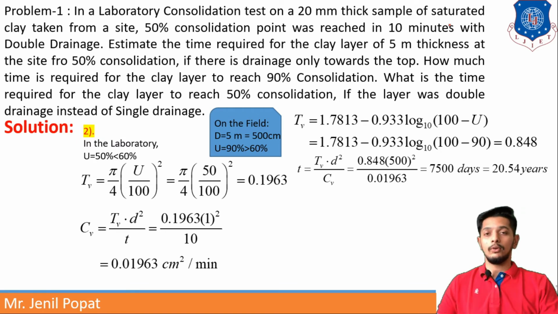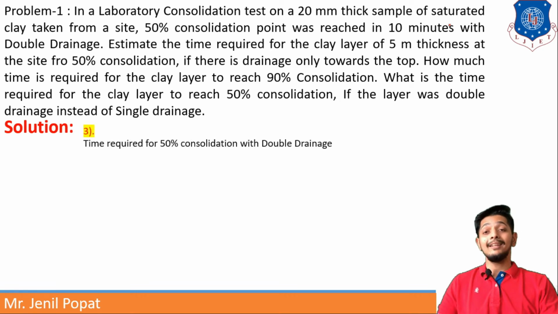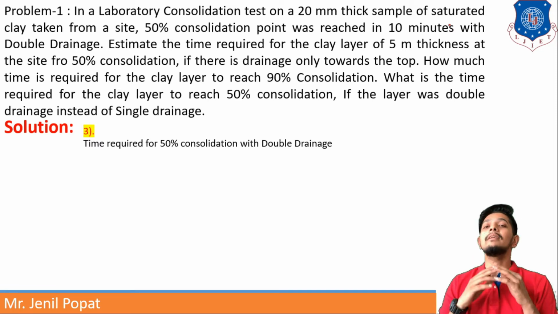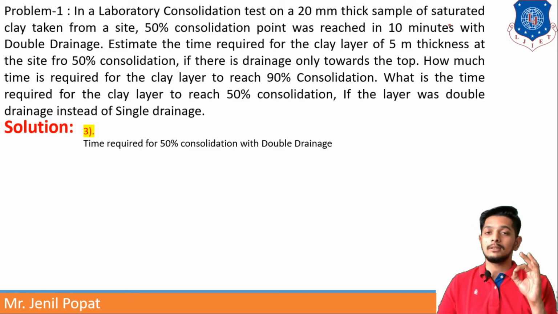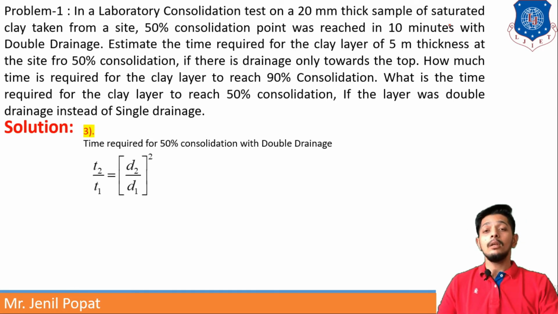Let us move forward to item 3: time required for 50% consolidation with double drainage. Here two things should be noted: it is a double drainage case and consolidation should be 50%. Here I will use the same formula, T2 by T1 is equal to D2 by D1 whole square.